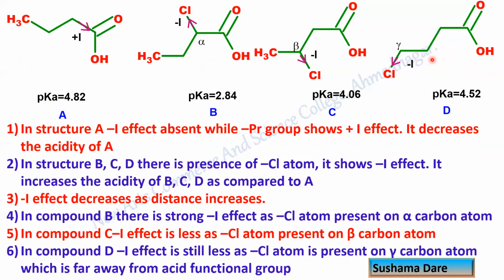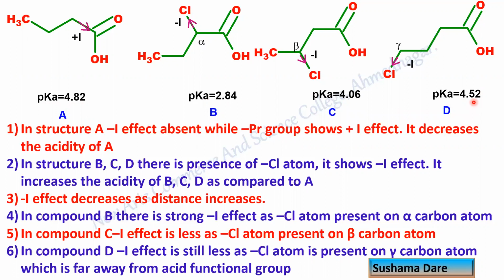So what you see, as compared to the butanoic acid, the remaining three acids are strong acids. From the pK value, we can conclude it: 4.82, this is 2.84, 4.06, 4.52. So what we see in compound B, C, D, the pK value goes on decreasing.